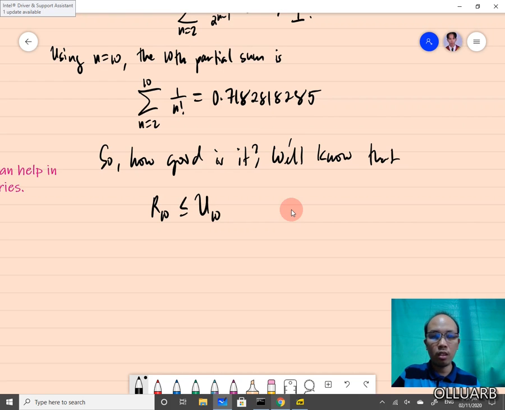And notice that our second series is a geometric series. So you just look at the reminder above in the previous discussion. If it is a geometric series, then you will use it directly.